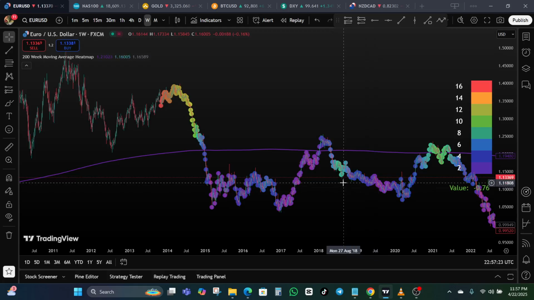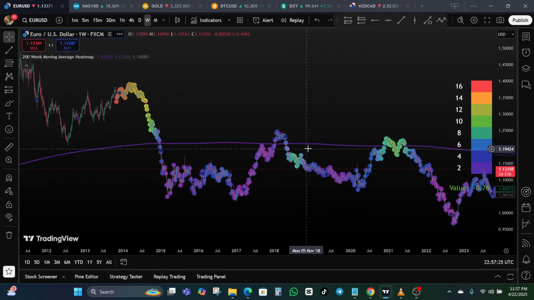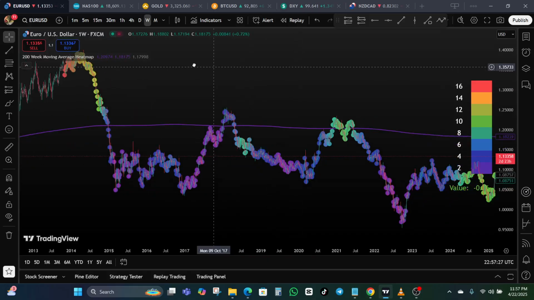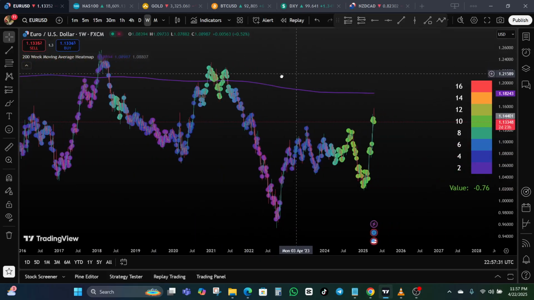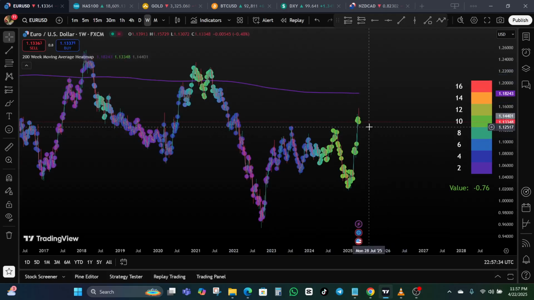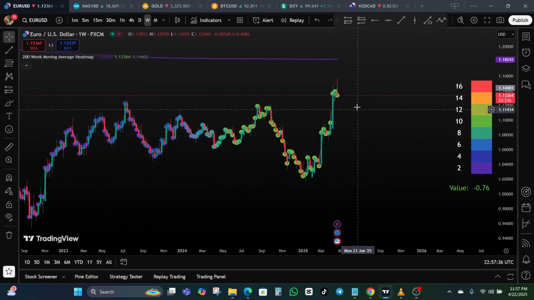Right now, the 200-week moving average heat map is showing some very interesting signs. Depending on the pair or asset you're watching, we may actually be approaching zones of interest or hitting up to a point where caution is warranted. So if you're a swing trader or long-term investor, this is where you want to start paying attention.